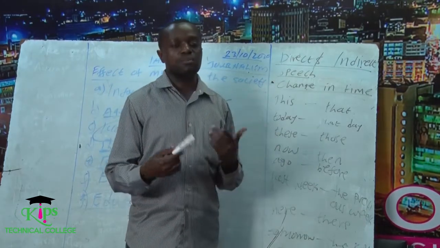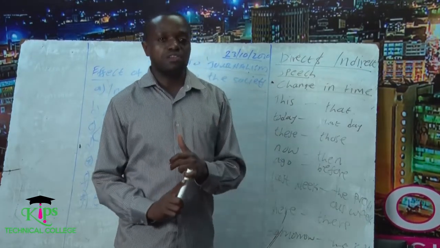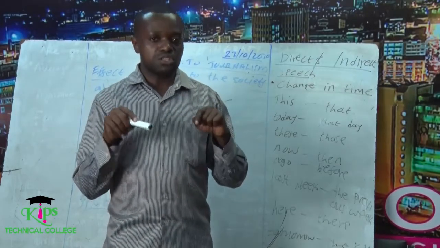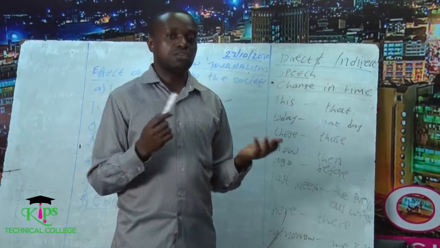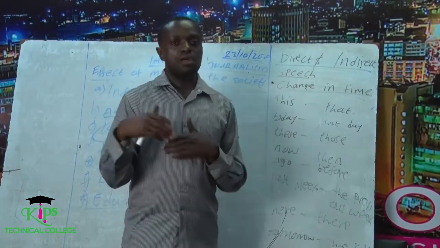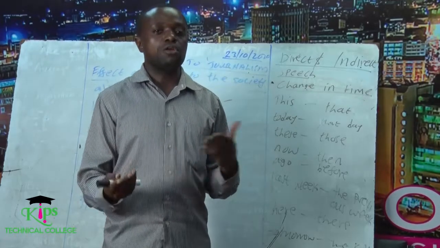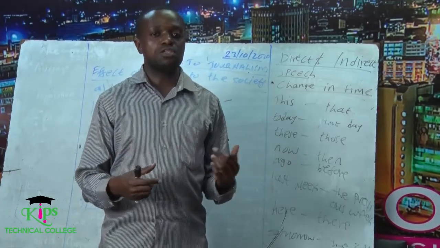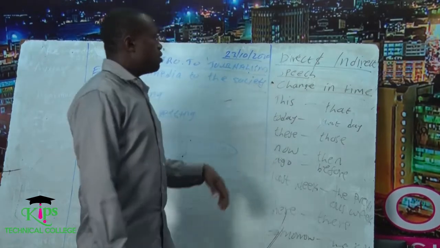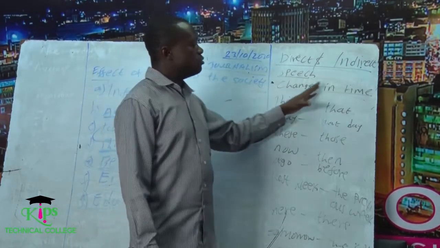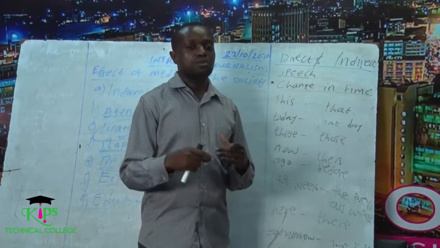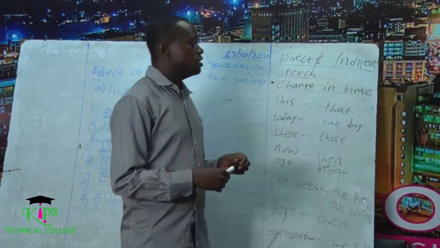As we said previously, when you are converting a sentence from direct speech into indirect speech, there is always a change in tense, and more so the tenses change from the present tense to the past tense form, depending on the nature of the sentence that you are communicating to your readers or your targeted audiences. So we are going to see different aspects that normally change in terms of time when you are converting a sentence from direct speech to indirect speech.